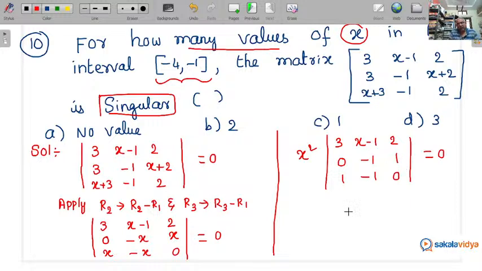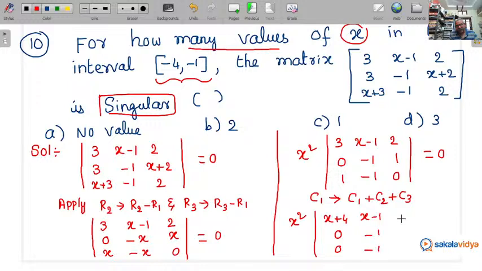So now expand this one. Here apply C1 is written as C1 plus C2 plus C3. So 3 plus 2 is 5, 5 minus 1 is 4. So this is x square determinant of x plus 4, 0, minus 1 plus 1 is 0, 1 plus minus 1 is 0, plus 0 is 0, same x minus 1, minus 1, minus 1, 2, 1, 0 equal to 0.